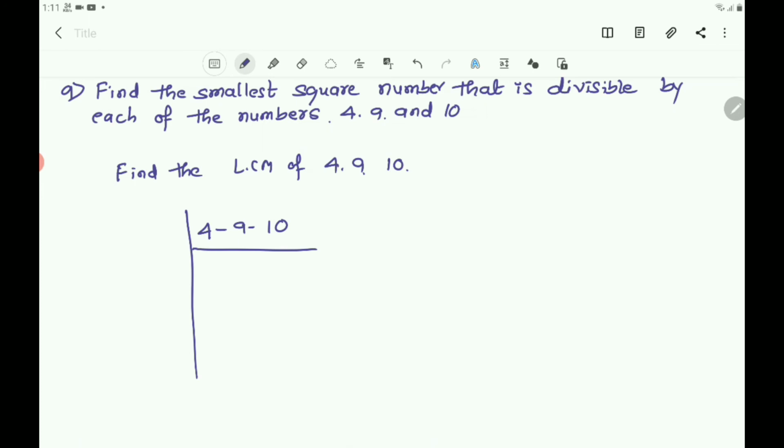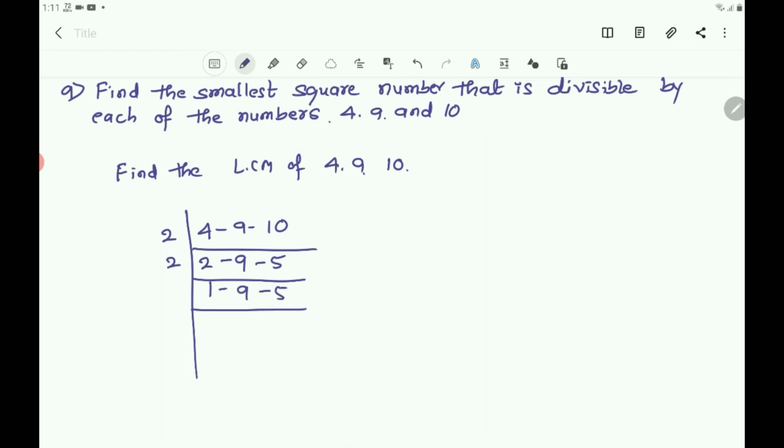The first prime number is 2. Divide all the numbers by 2 if they are divisible. 2 2s are 4, 9 is not divisible so write it as it is, 2 5s are 10. The next one is here 2, 2 1s are 2, 9 as it is, 5 is also as it is.